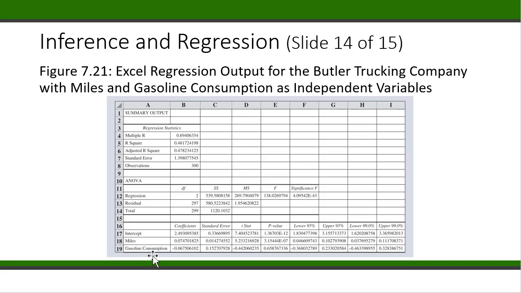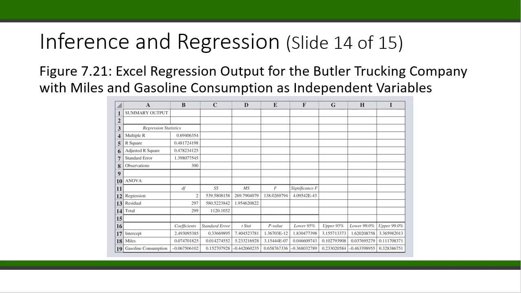On the other hand, when we look at gasoline consumption and we see our beta 2 is a negative number here, we find that the p-value is 0.6588 if we round to the fourth decimal place.